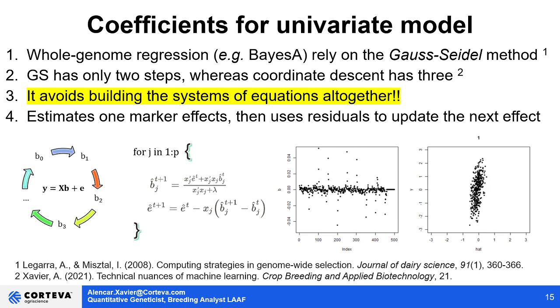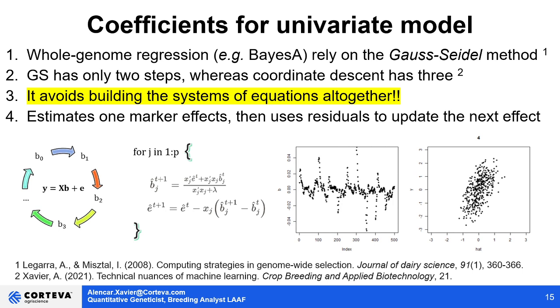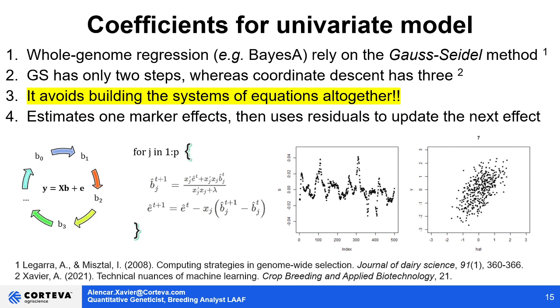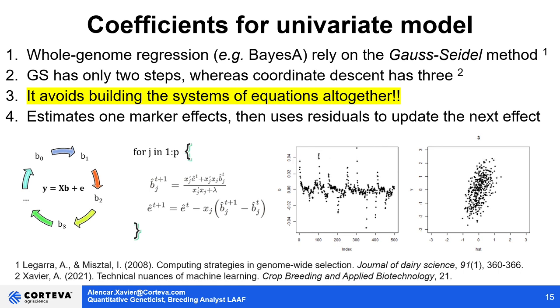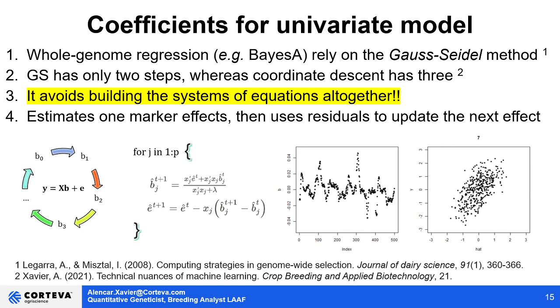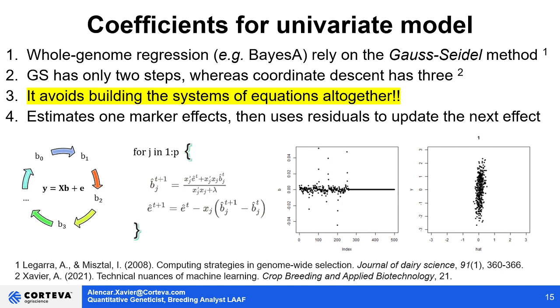So it's a high-dimensional model. The way that is done is through a methodology called Gauss-Seidel. Why do we do that? Because handling such a large number of parameters does not justify creating the system of equations. So the first thing that I want you guys to keep in mind is that we will be using Gauss-Seidel, which means that we will not be setting up the mixed model equation as you probably have learned in quantitative genetics or the basic genetics class.